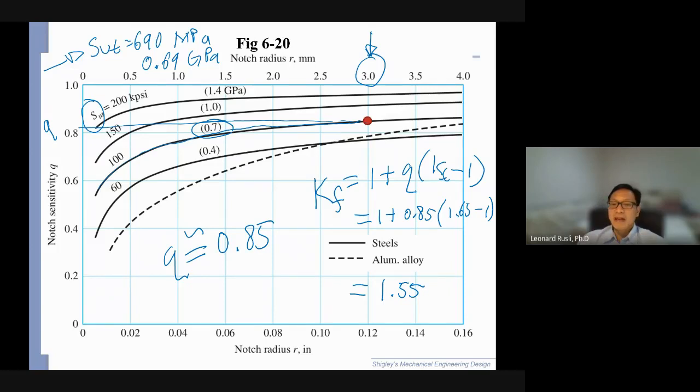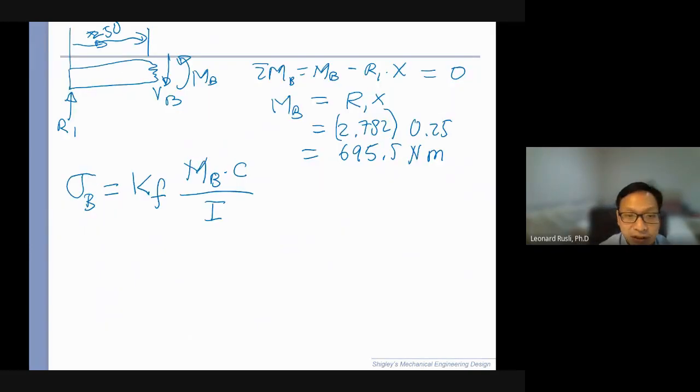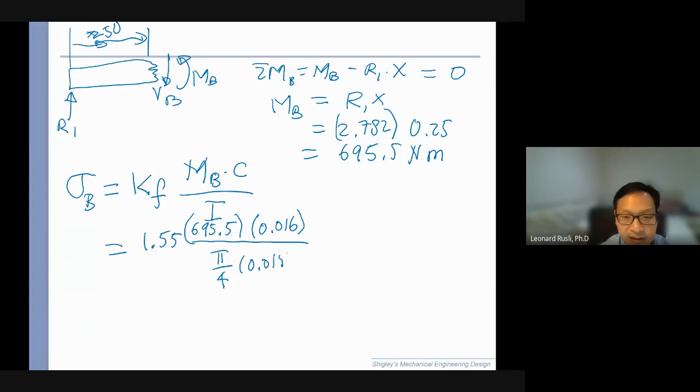Okay, so this is my stress concentration factor that I'm going to use here, 1.55, times 695.5, over 0.016, pi over 4, 0.016 to the fourth. This is your bending stress without the stress concentration factor. We now multiply by 1.55.